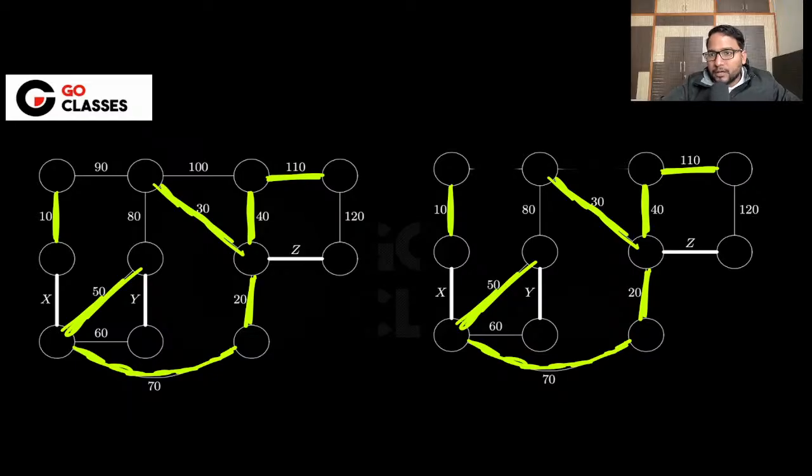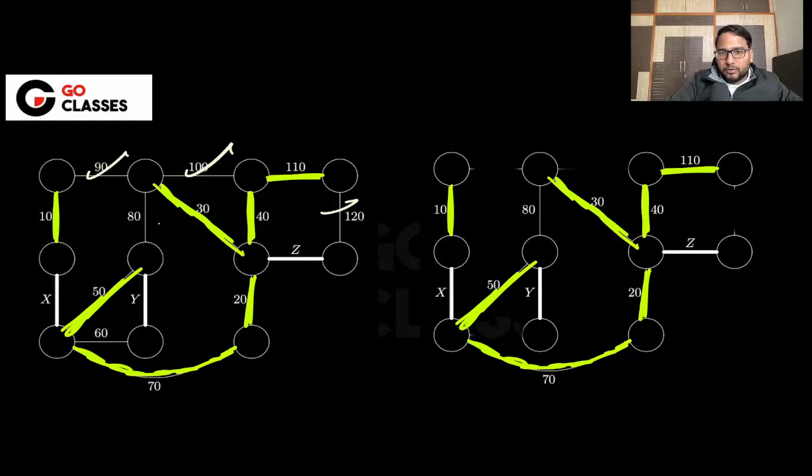Now tell me, what are the possible values of this X? If you see, these are the 1, 2 and 3.